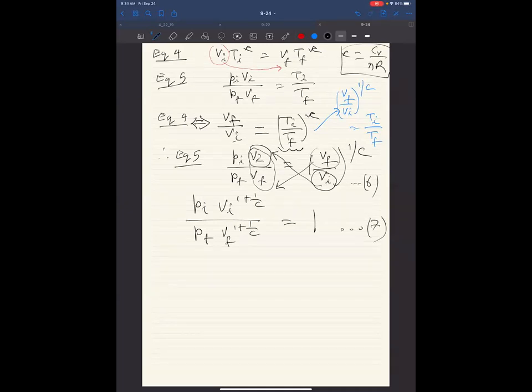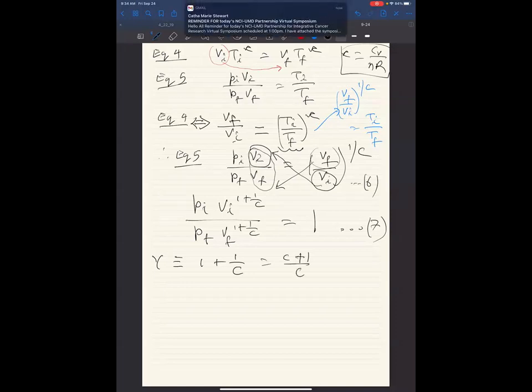So let's think about this 1 plus 1 by C. We give it a name. It's so important. We call it gamma. So we use a Greek symbol for it. Gamma is defined as 1 plus 1 divided by C. And let's see what we can say about this. This is the same as C plus 1 divided by C, right? And what is C?